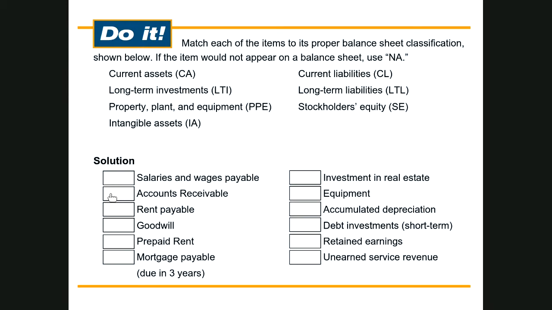Rent payable, where would you put it? Current liabilities. Excellent. Goodwill, Miss Mariam, where would you put it? Intangible assets. Excellent. Prepaid rent, Mr. Muhammad, where would you put it? Prepaid rent is a current asset. Current assets, very good.